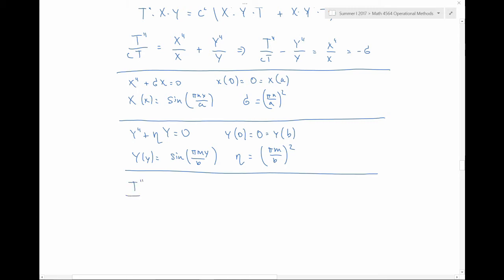Now it's t double prime over c squared t plus sigma plus eta should be 0, which means that t double prime plus c squared, and I'm going to plug in eta and sigma in here, pi n over a squared plus pi m over b squared, times t should be 0.